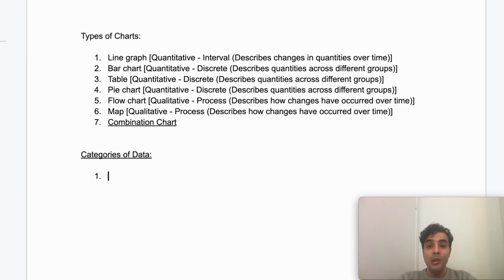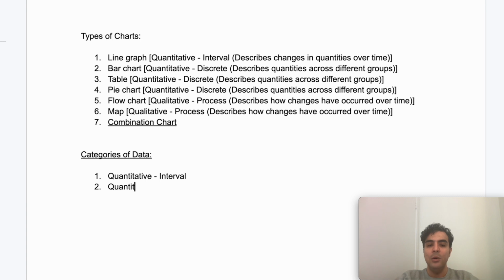Essentially, you need to learn to write 3 types of reports. 1, quantitative interval. This is when you get a line graph or maybe a bar chart that shows variation across time on one of its axes, or maybe a table that has time for columns or rows. This essentially would require you to write a quantitative and interval report.